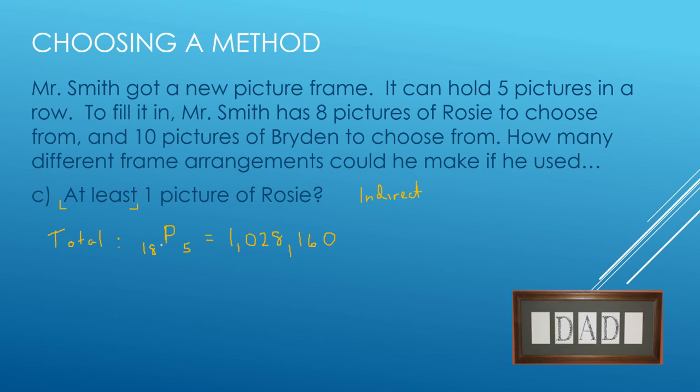If we think about it, either an arrangement has at least 1 picture of Rosie, or it has no pictures of Rosie. We already did that calculation. No Rosie means all Bryden, right? We've already found the arrangements that only have Bryden in them. That was 10P5, and we got 30,240.